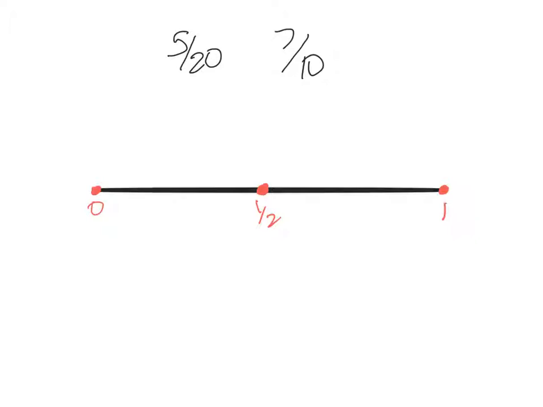Okay, so I'm going to write 5/20, and I'm going to write 1/2 right here. I'm going to set this to 20ths. What's half of 20? 10. So I know 5/20ths is going to be about right here. It doesn't matter if you don't know exactly where right now.